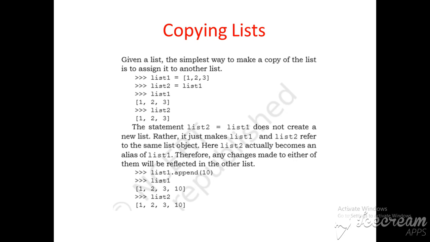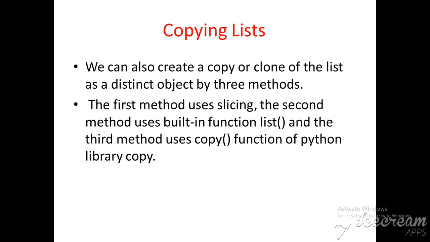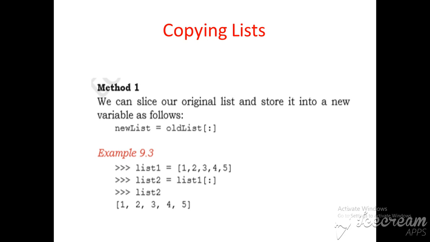In order to avoid this problem, we copy a list using three methods. The first is slicing, the second is the list function, and the third is the copy function. The first method is slicing.